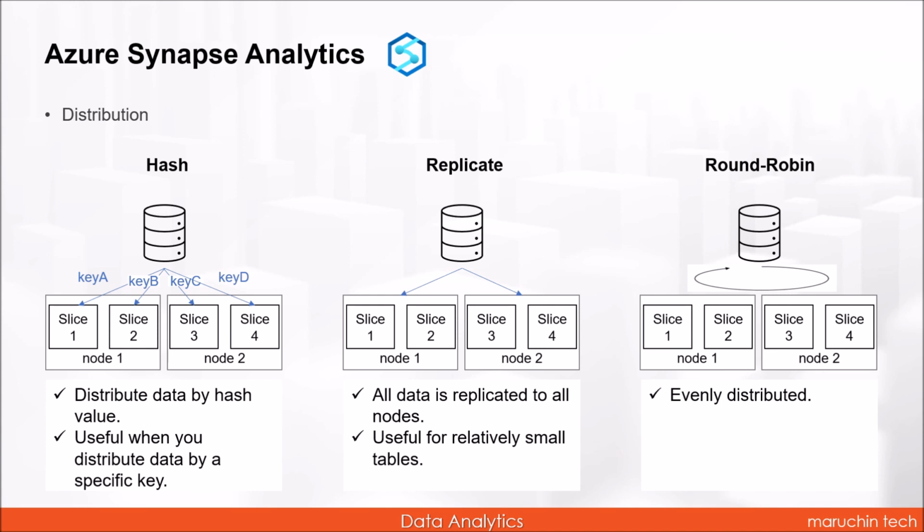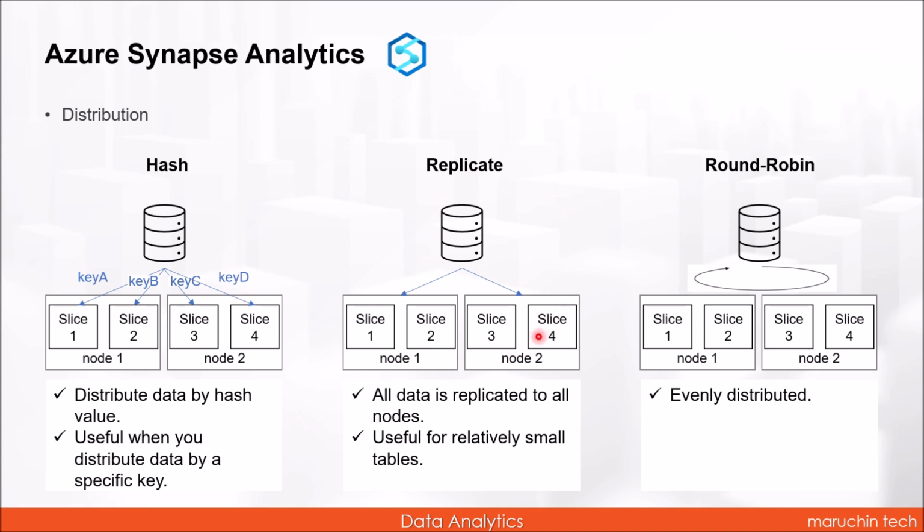And next, in Azure Synapse, large amounts of data are distributed across individual nodes. There are three ways to distribute data: the hash algorithm, replicate, and round-robin style. With hash algorithm distribution, records are spread across the nodes based on a hash function, and this is used for joining and aggregating a large table.